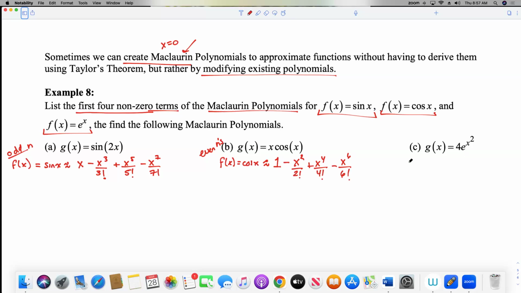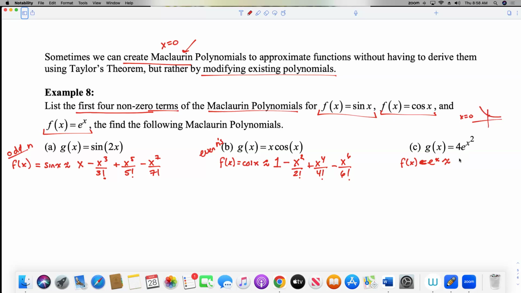And then e to the x. All right, so e to the x, look back in your notes, but this was the easiest one, right? Starts at 1, so centered at 0. So remember, e to the x looks like this.